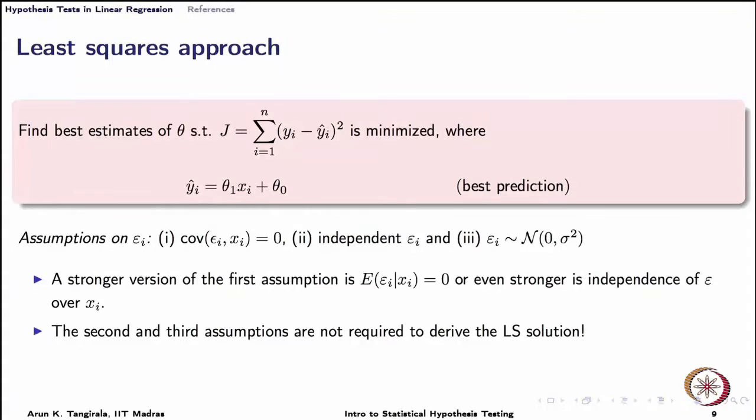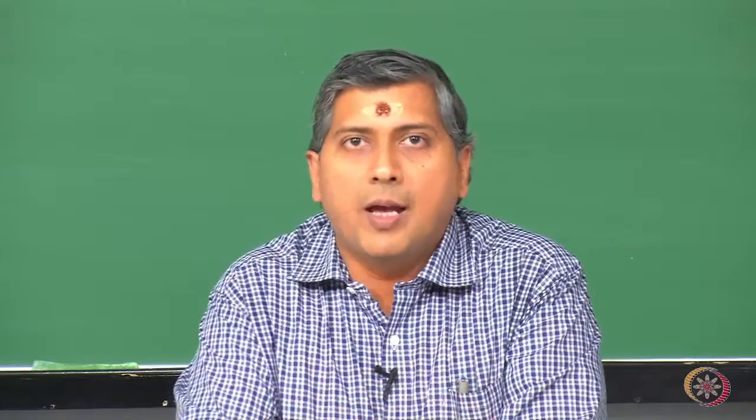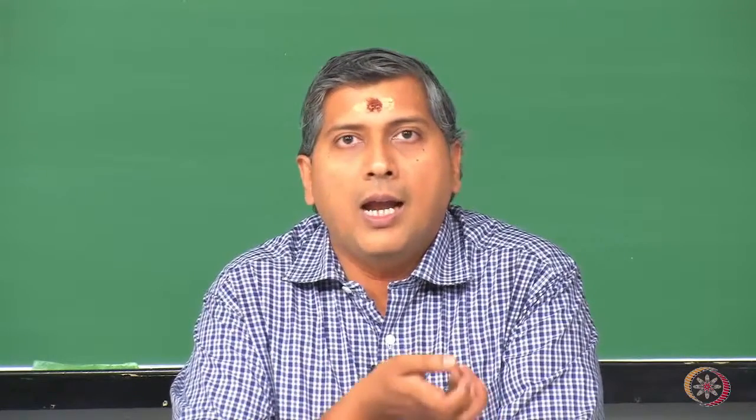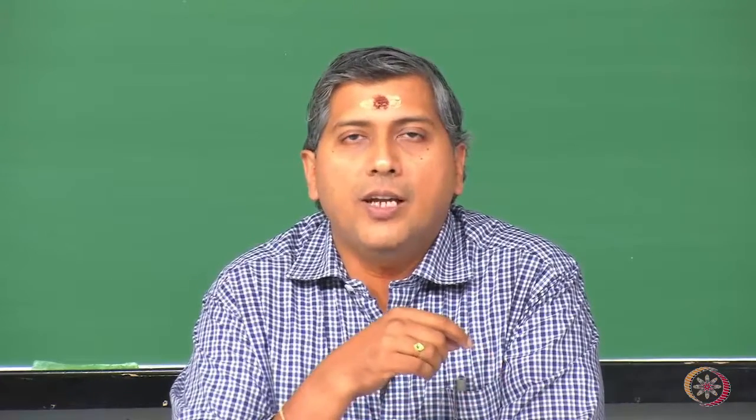Now, again recapping what we just said, when there is no correlation between xi and epsilon i, given xi and model parameters, y hat would be theta 1 xi plus theta naught. This is how I would predict. Now, this is for the ith observation. I have n observations from a sample of size n, and there is no point in just trying to fulfill 2 observations or 3 observations.